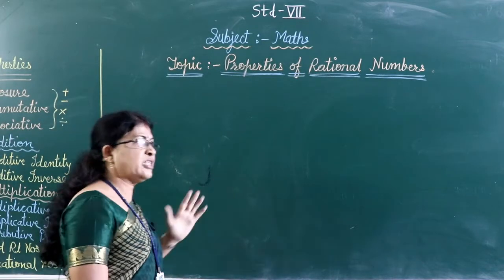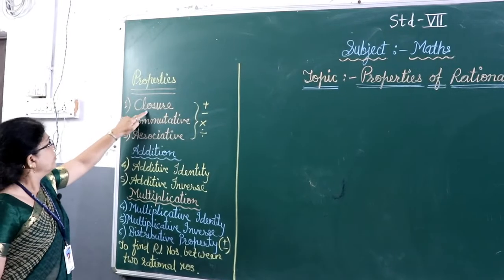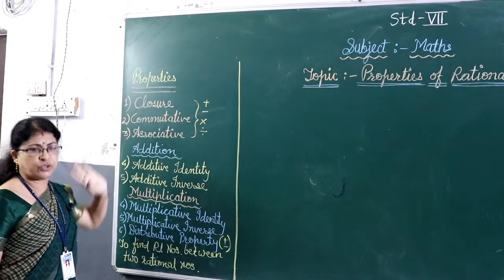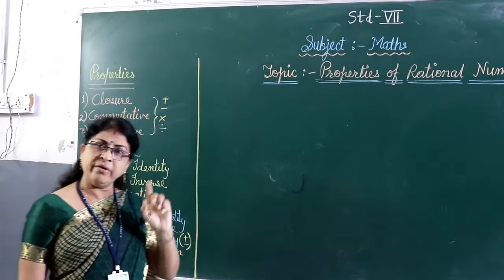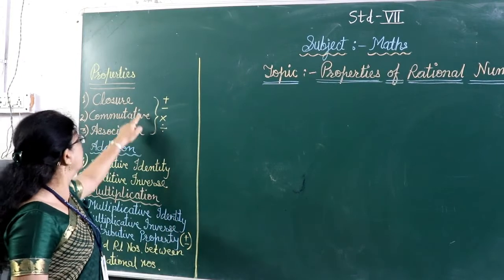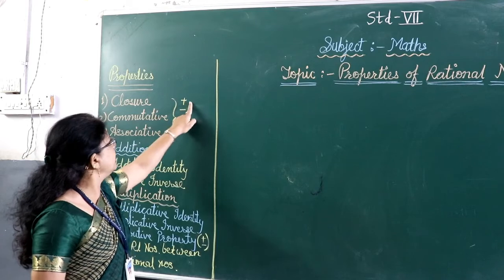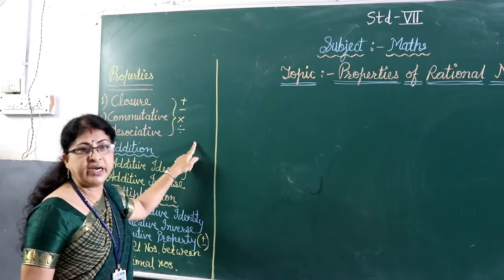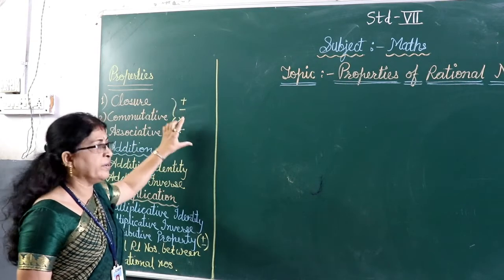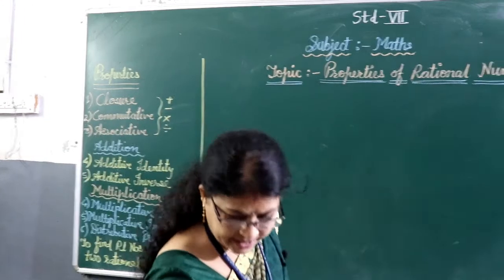Among these properties, three are very common: closure, commutative and associative. I think you have learned these properties last year also. These three properties we will apply for addition, subtraction, multiplication and division. These properties are common for all these operations. Now we will see how they are applied.